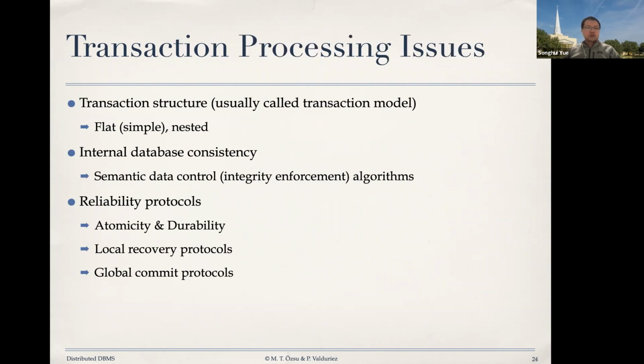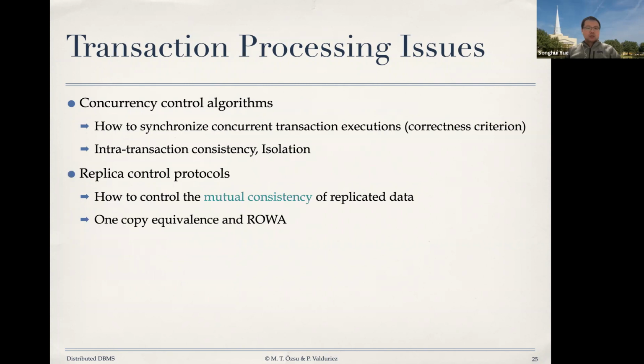There could be issues like transaction structure, internal database consistency, and reliable protocols. We talk about the transaction structure, the consistency, semantic data control algorithms, integrity constraints, and reliable protocols. We will talk about them later.